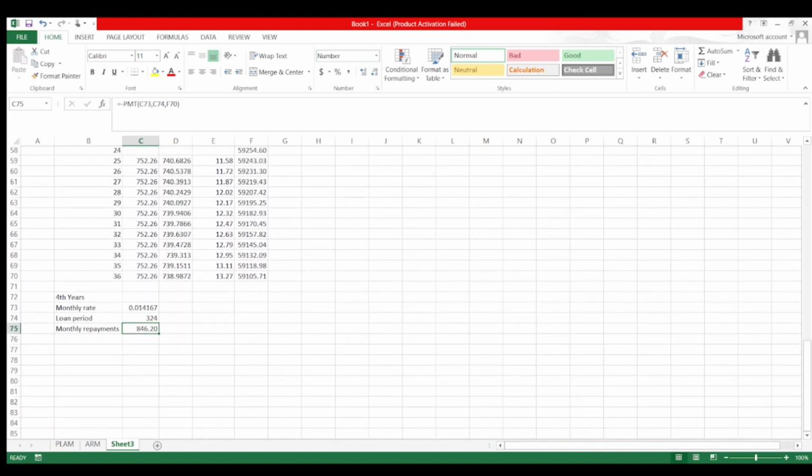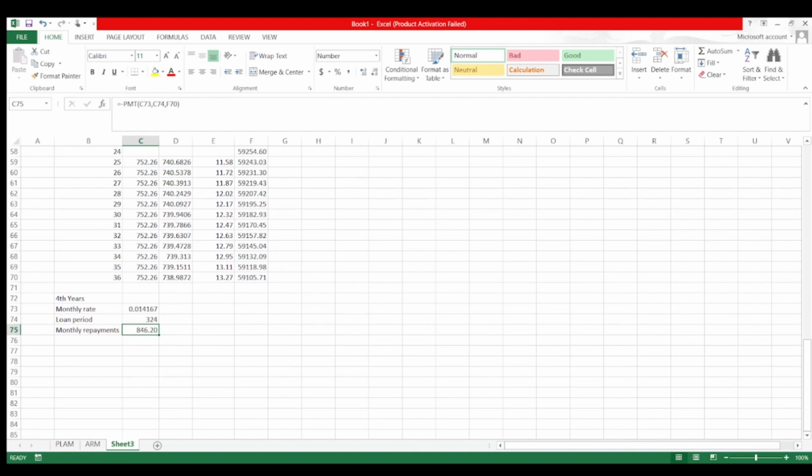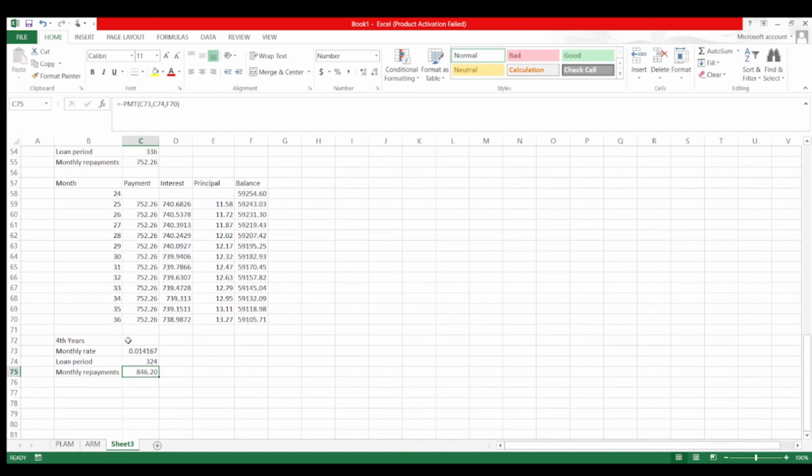For the 4th year, our monthly repayments will be 846 and 20 cents.